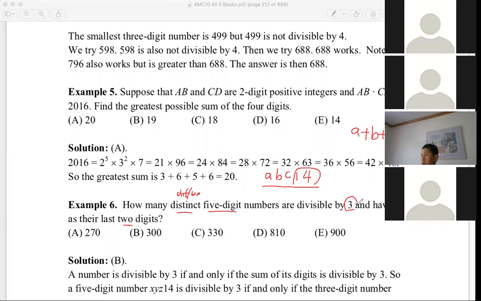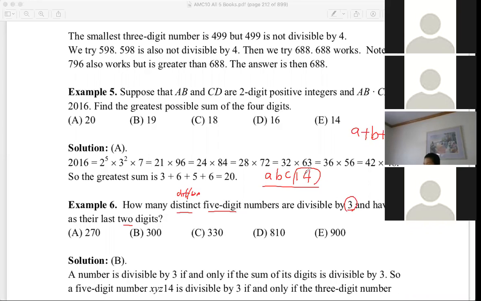Because they tell you this number is divisible by 3. But the sum of last 2 digits is 5. When 5 is divided by 3, the remainder is 2. That means the sum of ABC divided by 3 should give us a remainder 1. Then these 5 digits should be divisible by 3, right? Now let's think how many numbers when we divide by 3 give us remainder 1.